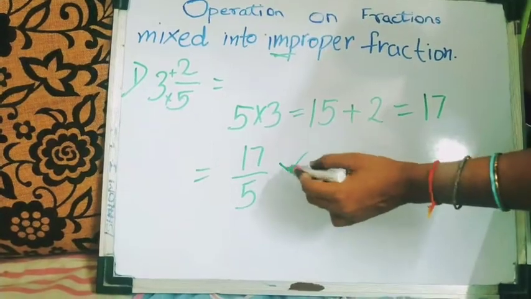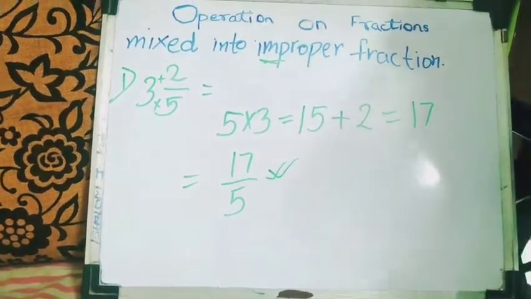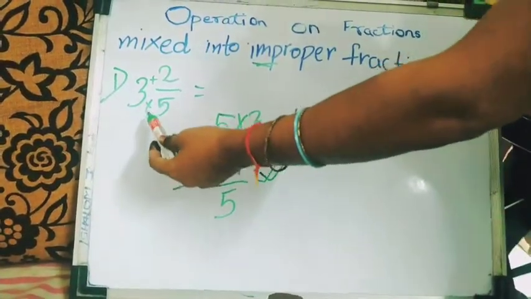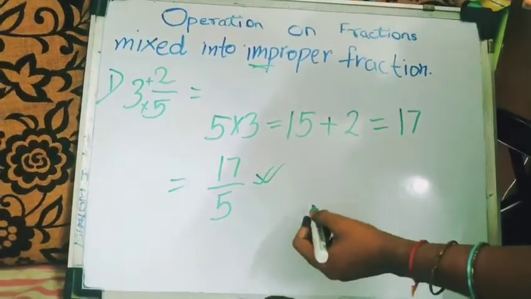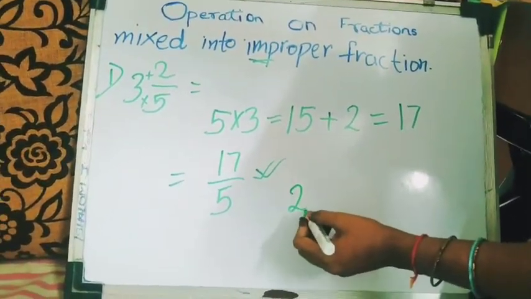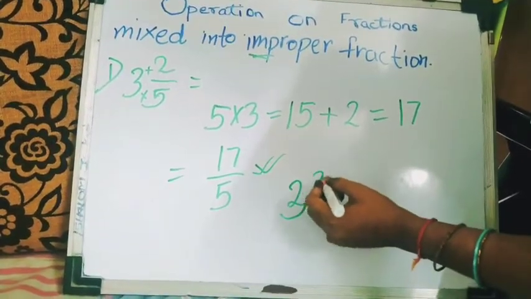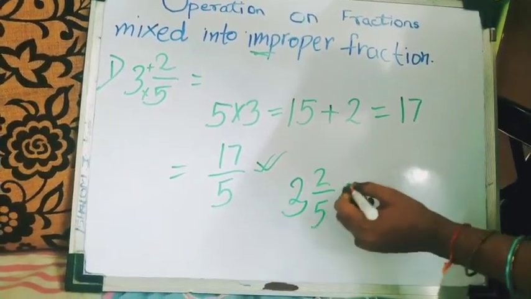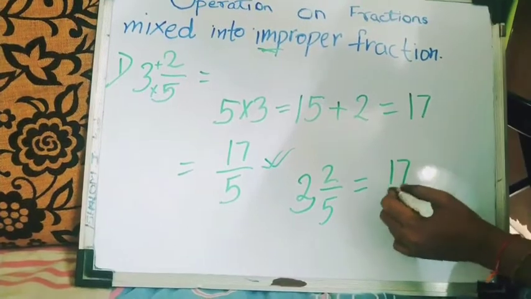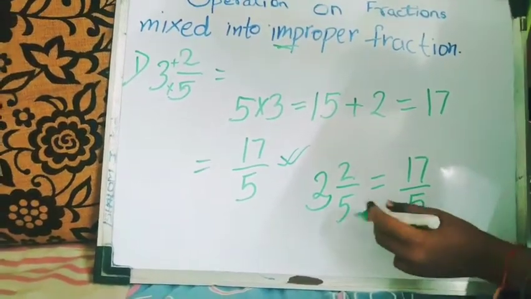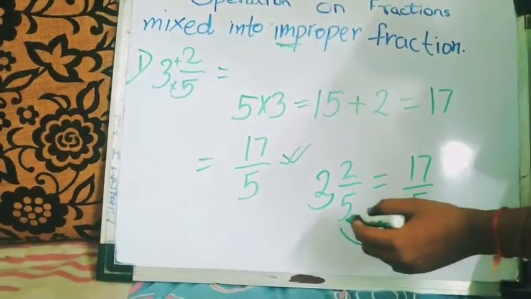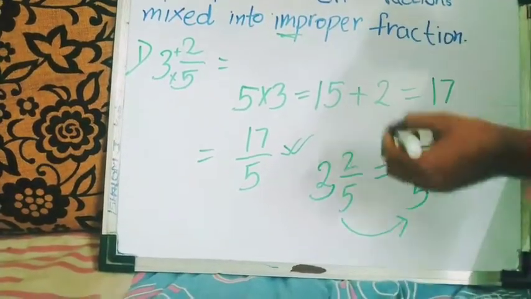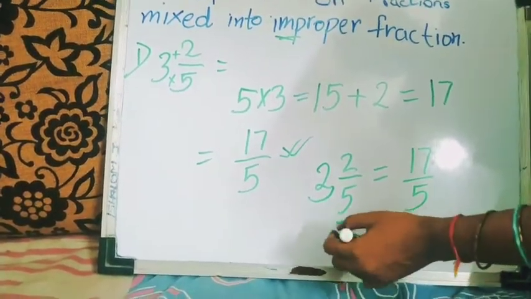It means this is an improper fraction. See, the mixed fraction will change into an improper fraction. It means 3 upon 2 by 5 is equal to 17 by 5. A mixed fraction changes into an improper fraction and an improper fraction changes into a mixed fraction.